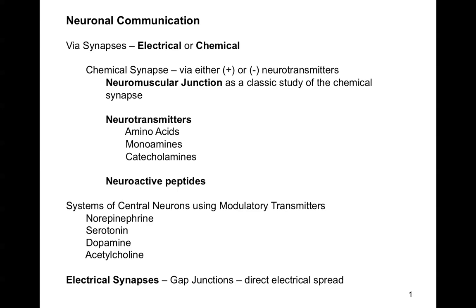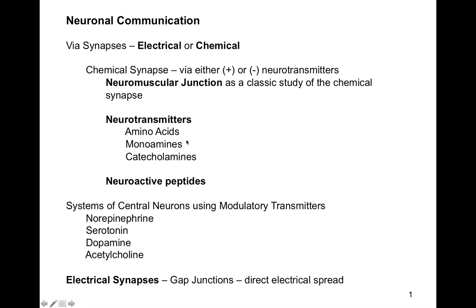The different types of neurotransmitters that are used in the chemical synapse include things like amino acids. Many amino acids, in addition to being used as a source of energy for neuronal cells or to build proteins in that cell, are actually used as neurotransmitters, so it's a very efficient system. We also have neurotransmitters that fall under the category of monoamines.